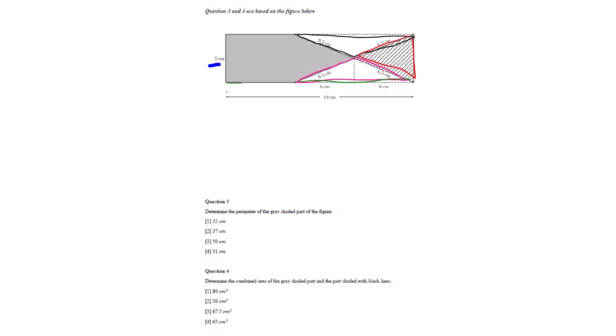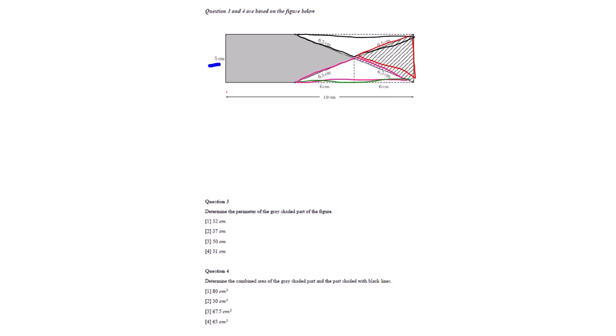So we know that this part plus this part equals this part. So what we can do, we can simply use an equation to calculate the length of this part.